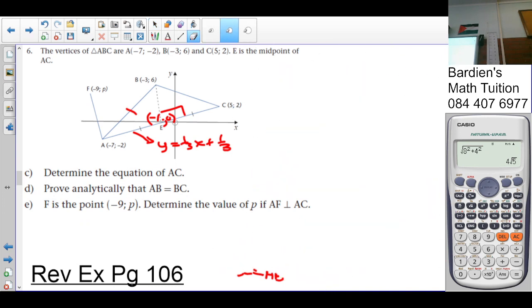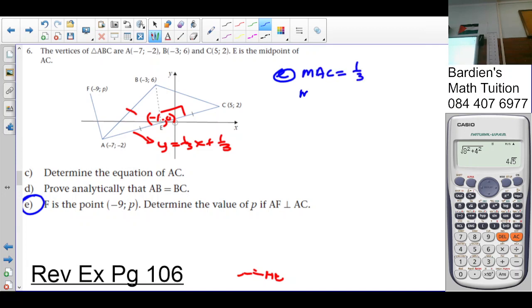Now coming to the question that was asked, the question says, if F is a point, negative 9 and P, determine the value of P if AF is perpendicular to AC. If lines are perpendicular, what do we know? Product of the two gradients is minus 1. So the gradient of AC we know, which is what? A third.